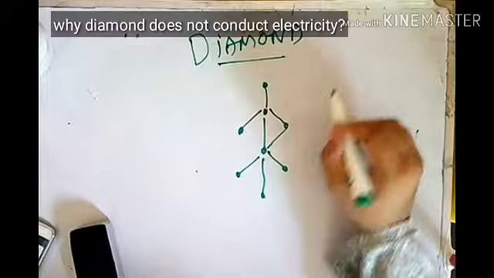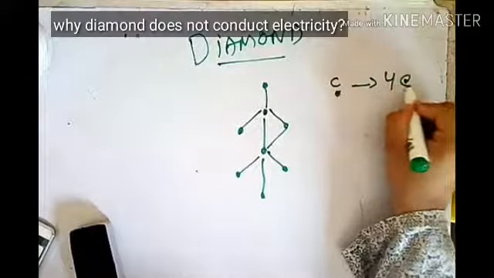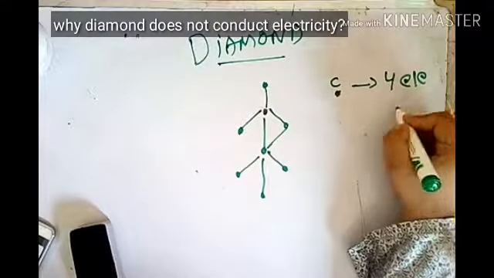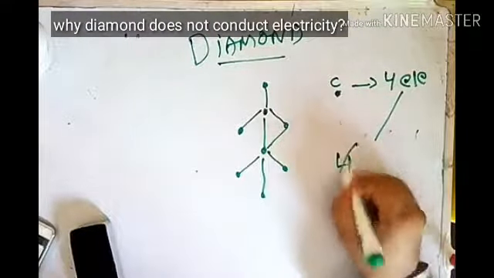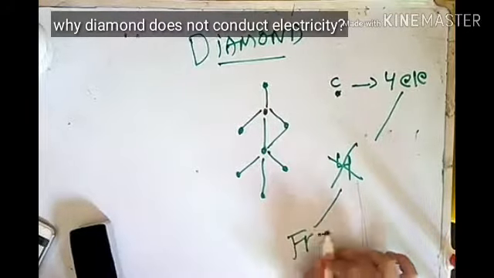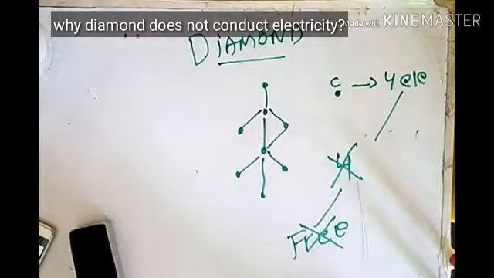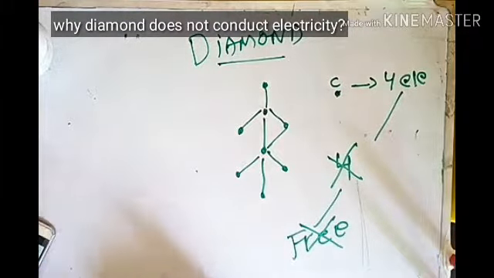If for every carbon atom all 4 electrons in the last shell are used up, there are no free electrons available for any carbon atom to conduct electricity, so therefore there is no conduction of electricity in diamond.